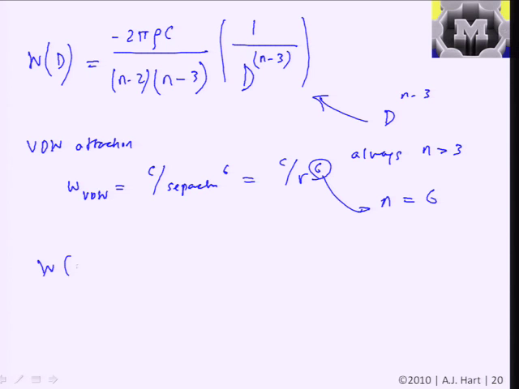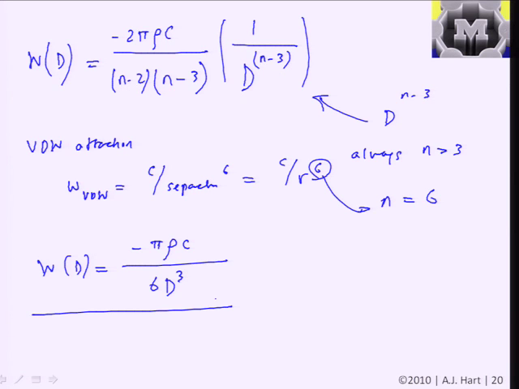So then W of d, we can substitute n equals 6 in here, would just be minus pi rho c divided by 6 d cubed, because we would have 4 times 3, and then 2 over 12 is 1 over 6, and then d to the n minus 3 is d cubed.